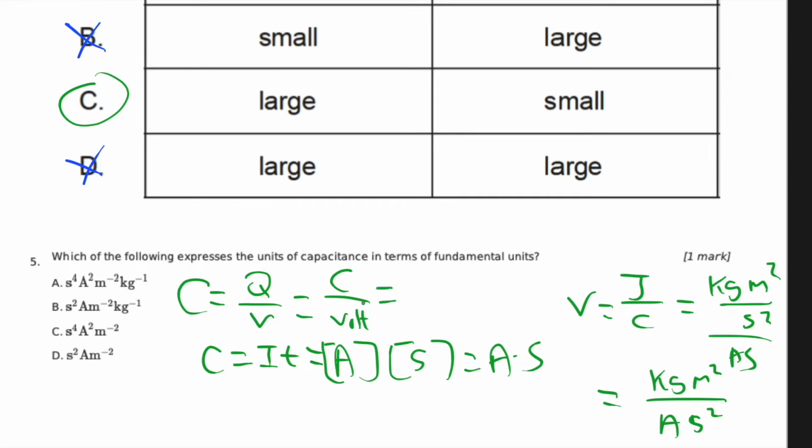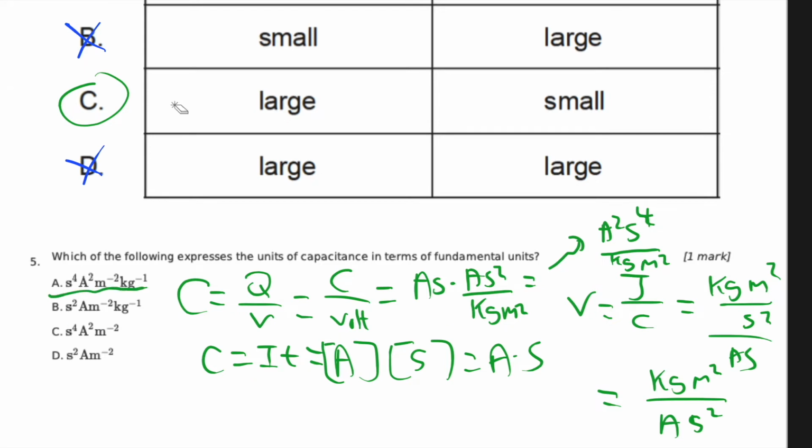So coulomb is ampere times second divided by voltage. So you times the reciprocal of this quantity. And this is equal to ampere squared times second to the fourth power over kilogram times meter squared. So this is A. So let me erase this.